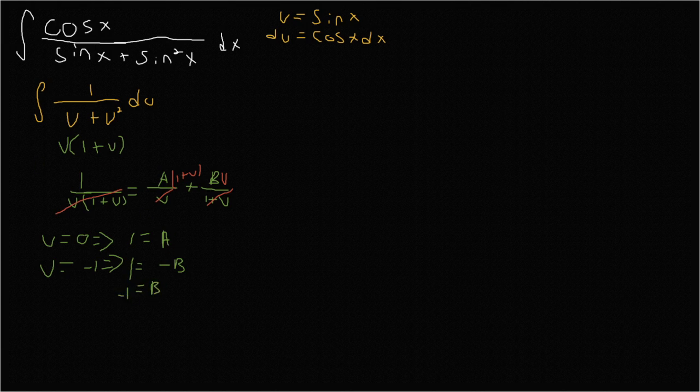And so now we can rewrite our integral with our terms of partial fractions. So I will do this in blue. And so our integral is going to be 1 over u minus 1 over u plus 1 du.